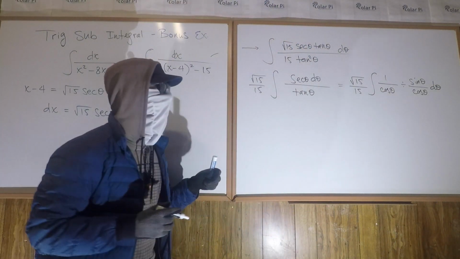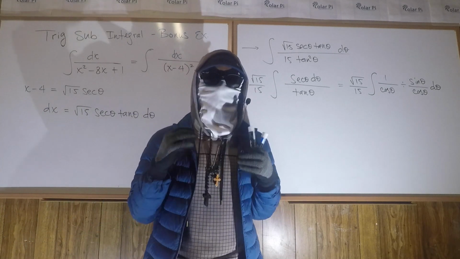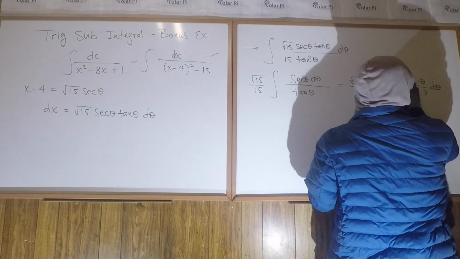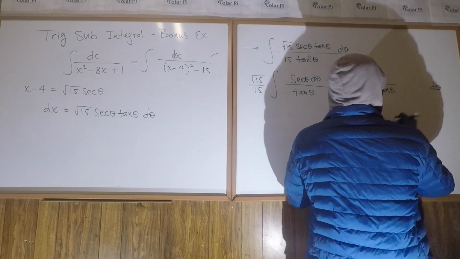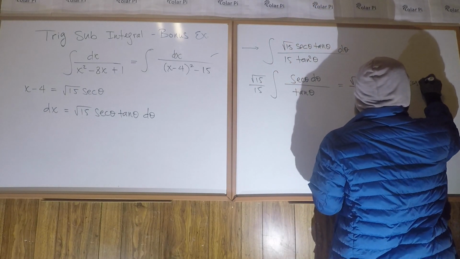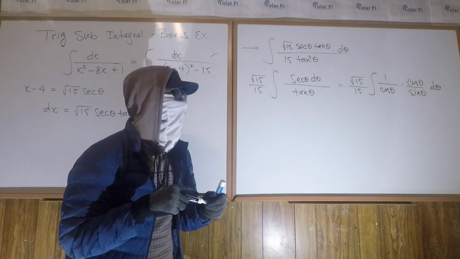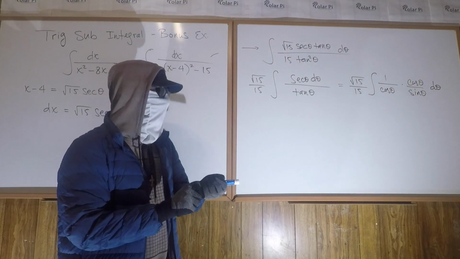Well, dividing by sine theta over cosine theta is the same as multiplying by its reciprocal, so I'm going to write times cosine theta over sine theta over here. Nice, cosine theta over sine theta. You see what's happening?